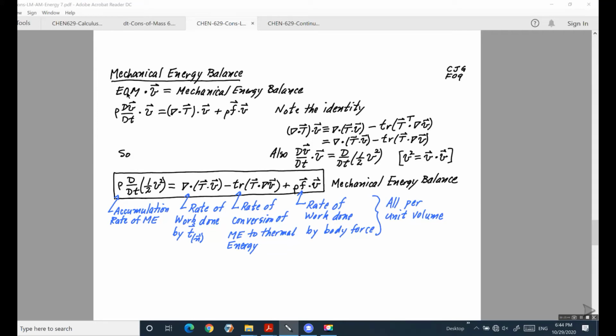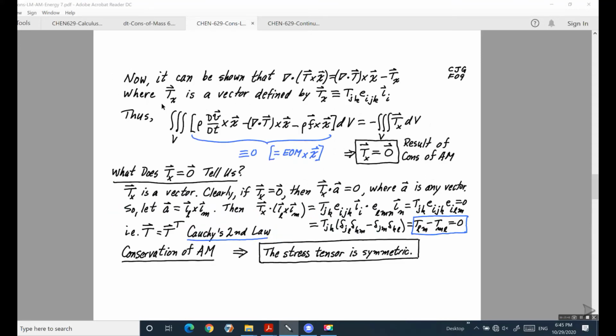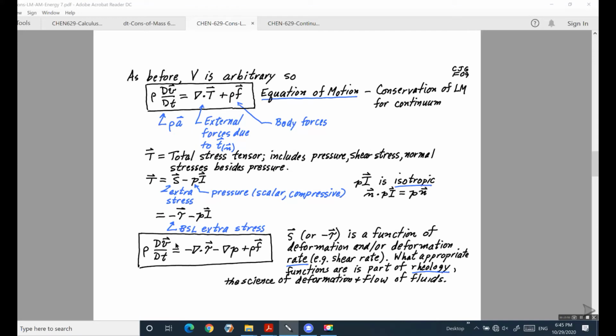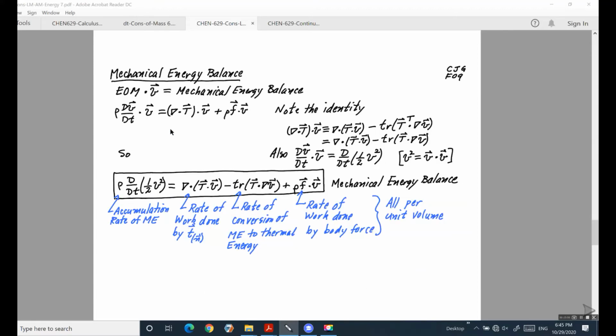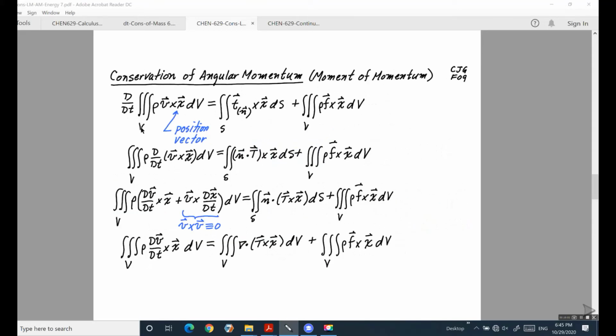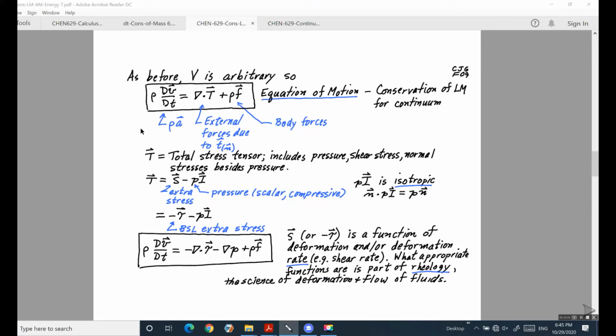If you multiply the equation of motion by V, in here, what was the equation of motion? Here, the equation of motion, that one. If we take the dot product of the equation of motion with V, what was our equation of motion? Actually, we can write our equation of motion by this form.